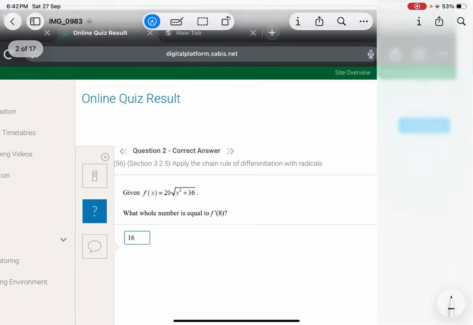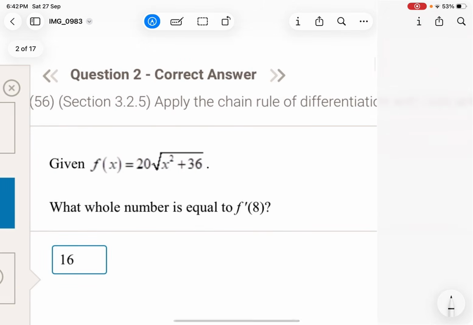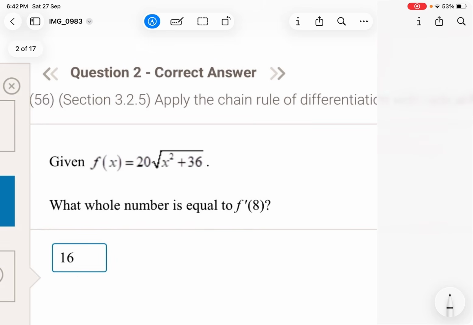Question number 2 gives you 20 times the radical of x squared plus 36. First of all, change the radical into an exponent, so it will be 20 times x squared plus 36 to the power of 1 over 2.